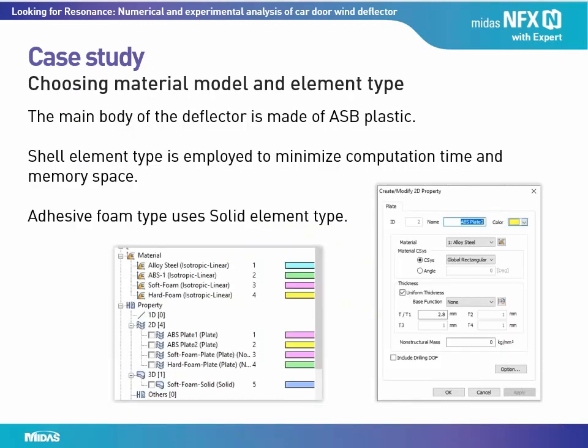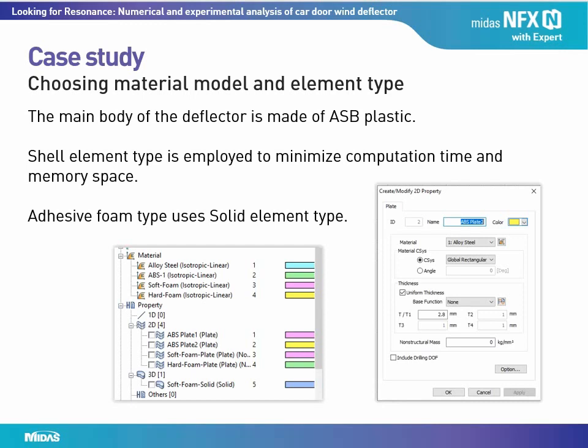The deflector is mainly made of ABS plastic. Along its upper edge, there is an adhesive foam tape for binding to the car door. We can use shell or plate elements to model the main body of the deflector. This minimizes memory consumption and computational load.